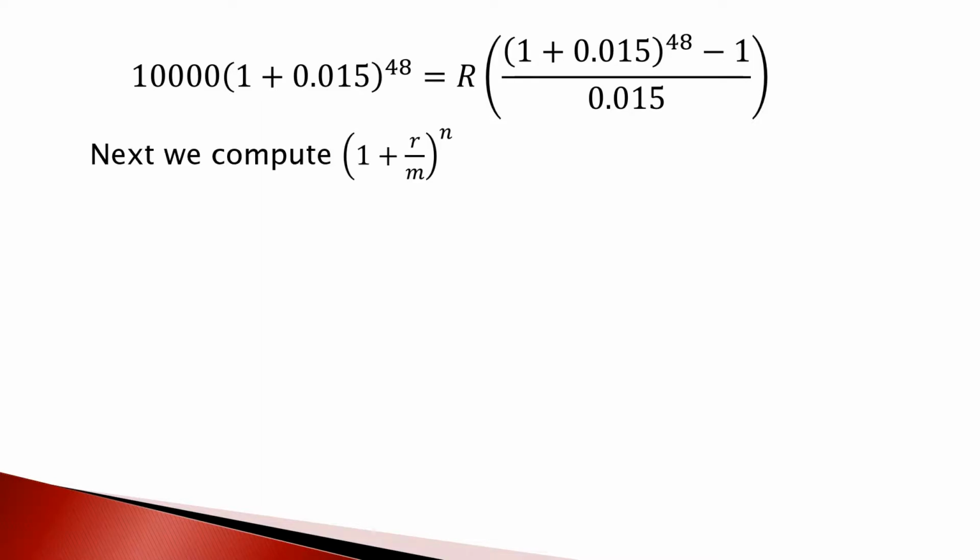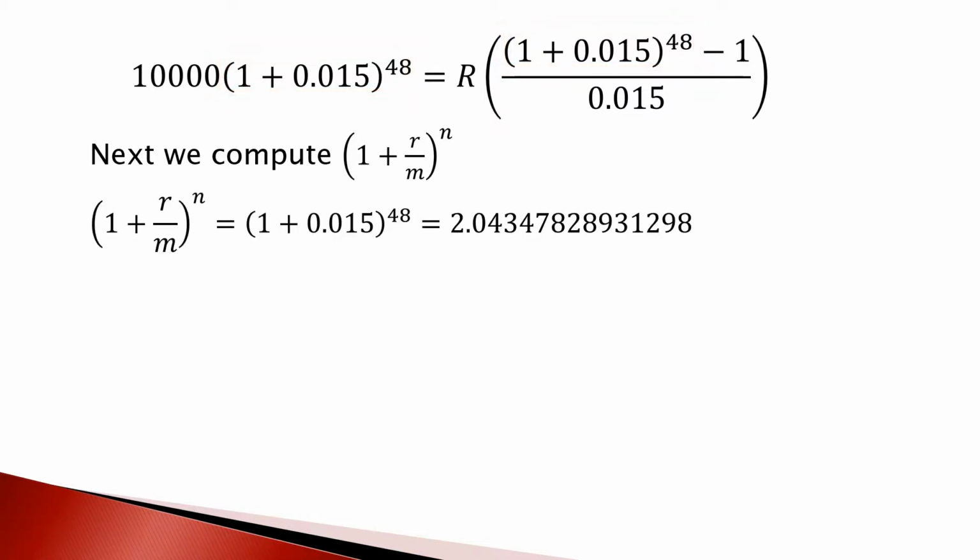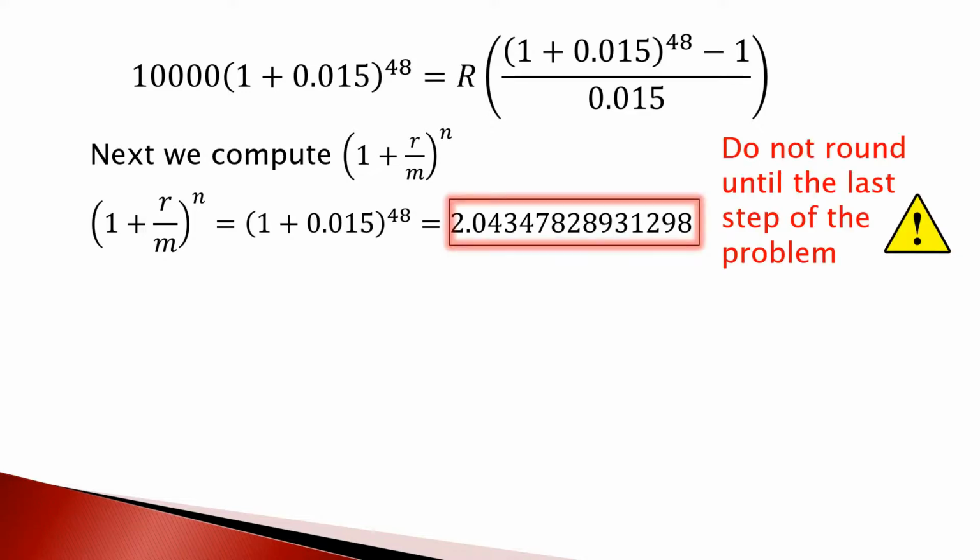Next, we compute 1 plus r over m to the power n, because this quantity is shown twice in your formula. We computed r over m previously, so now we just need to add 1 and raise that quantity to the power 48. In this particular case, the answer is going to be 2.043478 and so on.